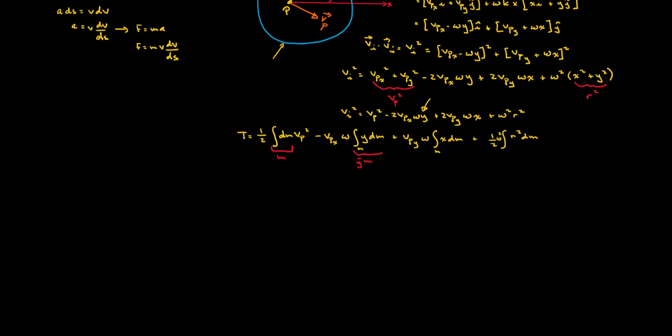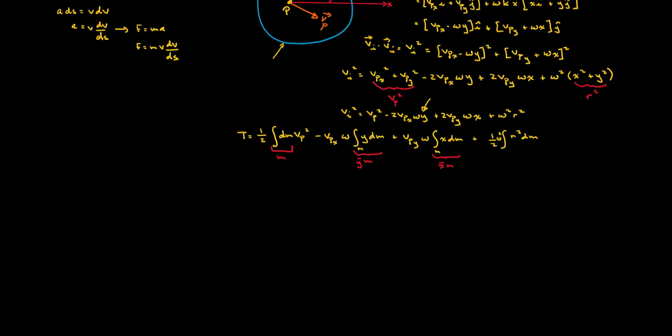So y bar is the distance between point P and the center of mass of the rigid body. So y bar m is equal to the integral of y dm, and we've seen this in our study of rigid body kinetics. Similarly, over here, we have x bar m.